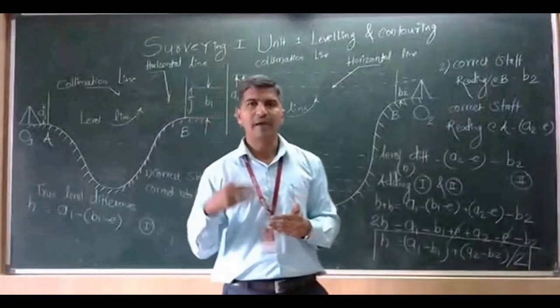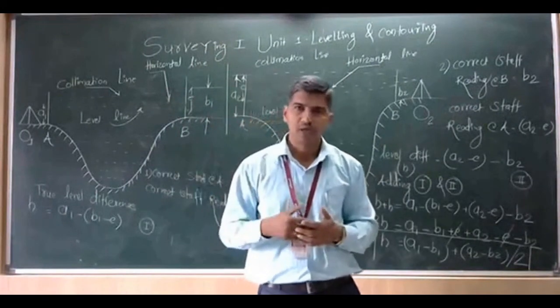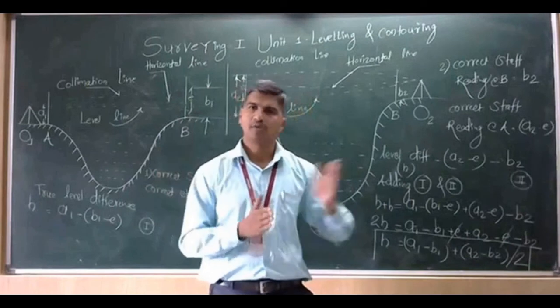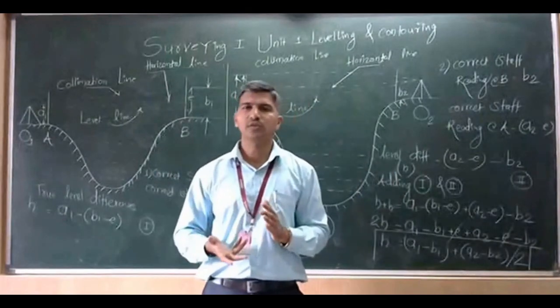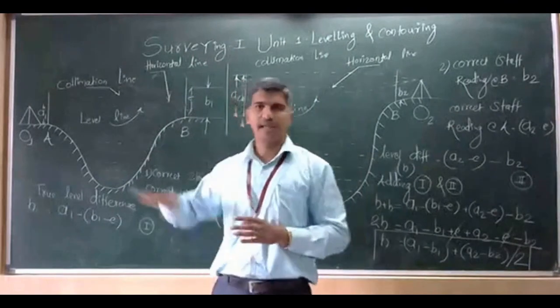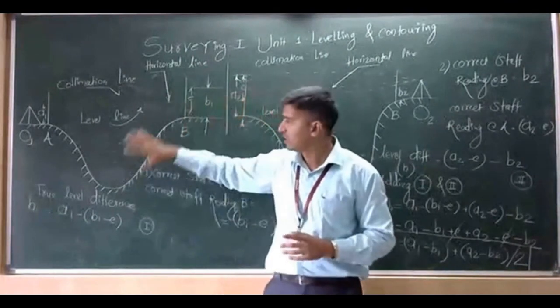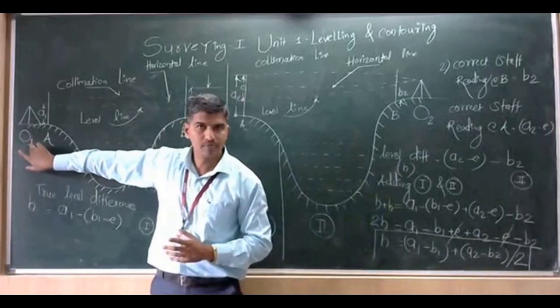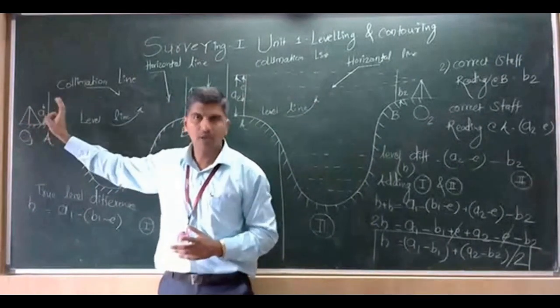If we use the backsight and foresight principle, we cannot keep the instrument midway between point A and point B. So we have chosen reciprocal leveling. In reciprocal leveling, I have created two cases. In the first case, the instrument is kept very near to point A as O1.